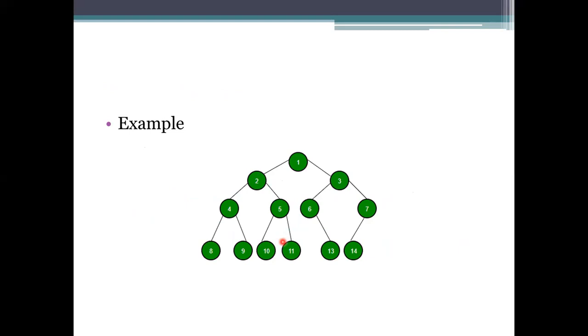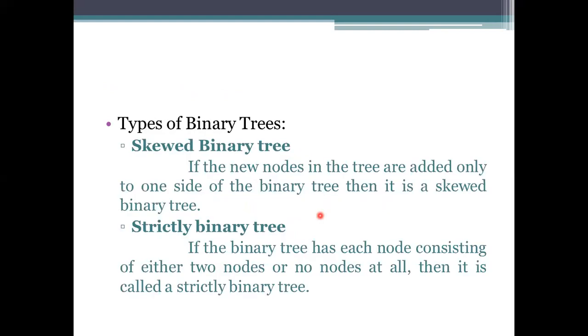This is one example for us. Here, this is the root node, this is the left child, and this is the right child, which in turn has a left child and a right child. We can say that a binary tree has at most 2 children, taken as the left and the right child here.